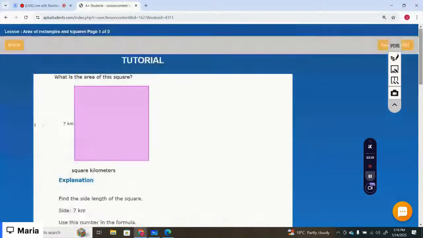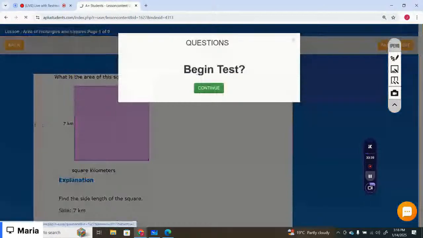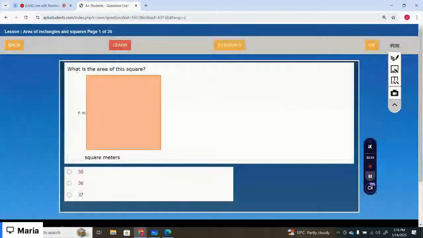Let's just start with the test questions. What is the area of the square? Which is the correct option?